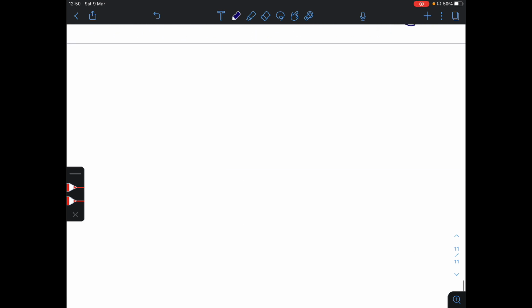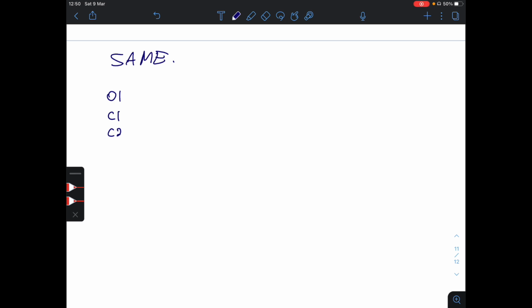Now let's do a similar thing with SAME. I'll just write down all of the atoms as if they were in the input file. O1, C1, C2, C3, C4, part 2.